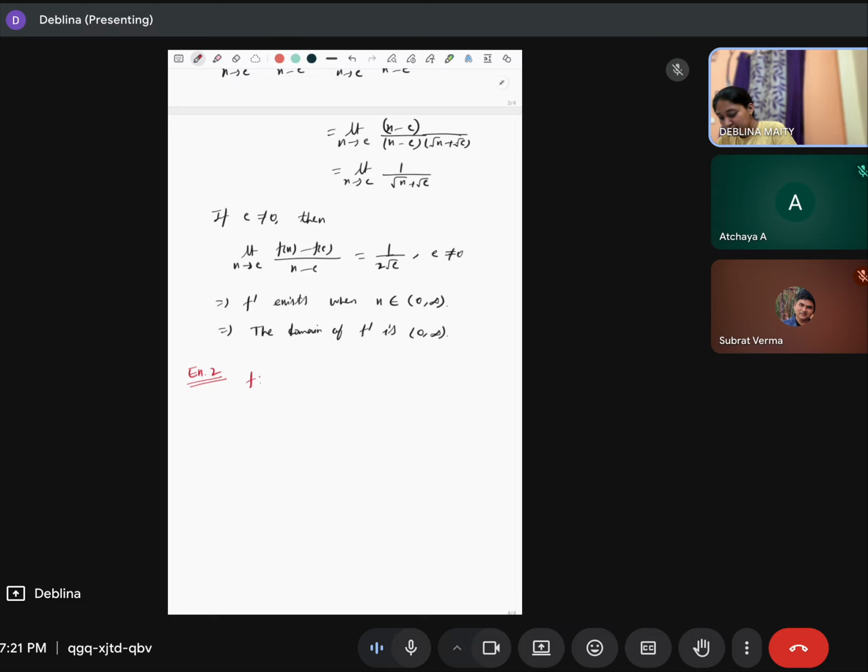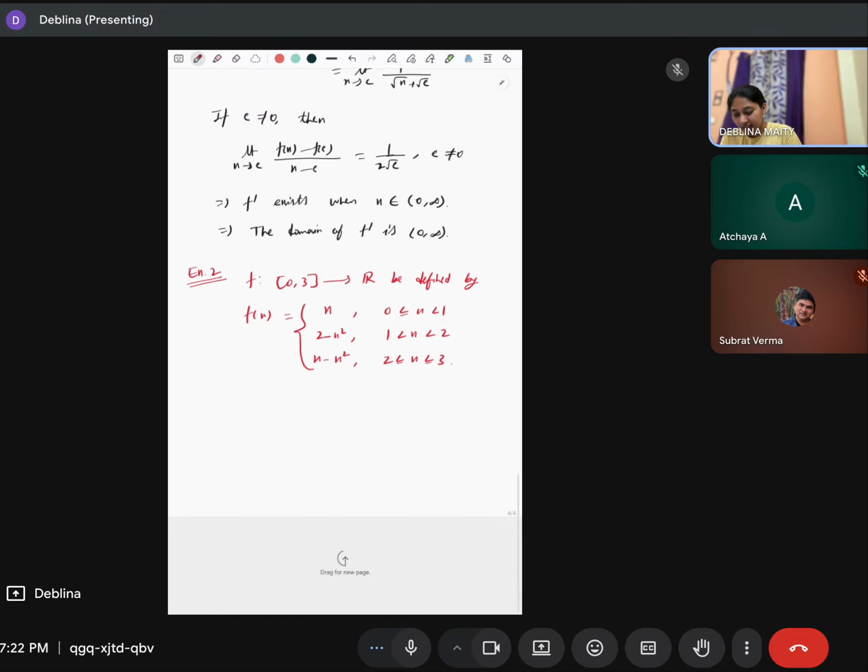So f is a function from, f(x) equals x when 0 less than, right.